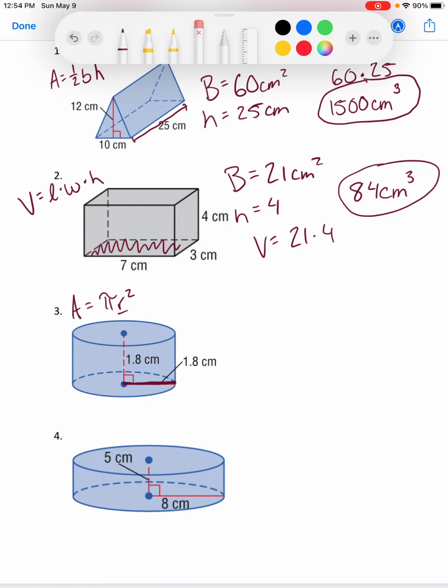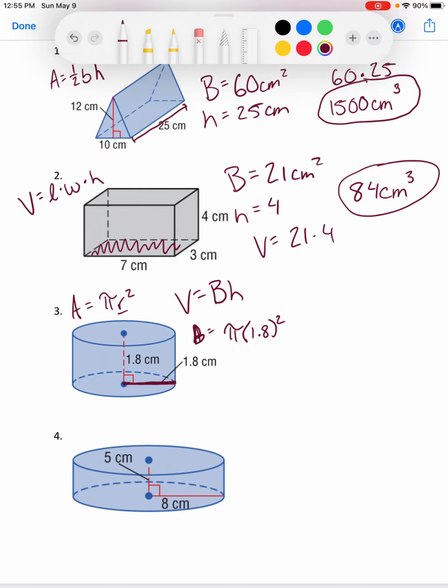So, that being said, our volume equals the area of the base times the height. The area of our base in this case is going to be pi times 1.8 squared. I should probably note that is uppercase B. So let's plug that into our calculators. 1.8 squared times pi. And I'm going to get 10.1787602.